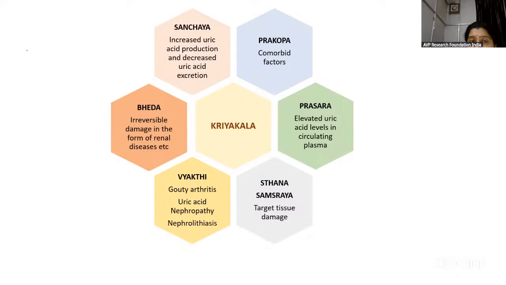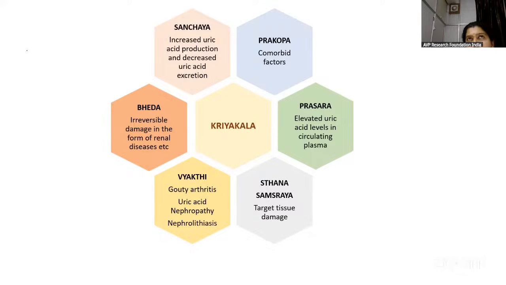So, usually lifestyle modifications should be made in the Sanchaya, Prakopa, and Prasara stages. Sanchaya means all the factors which lead to accumulation of uric acid should be avoided. Prakopa means all those factors which actually aggravate this condition should be avoided. Prasara means that by avoiding all these factors you can in turn decrease the circulation of uric acid.